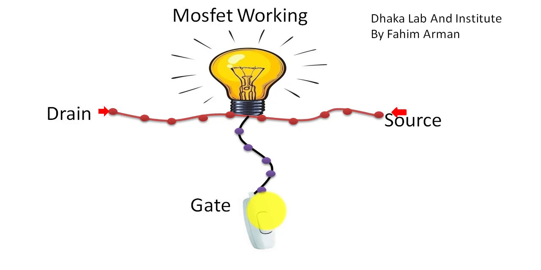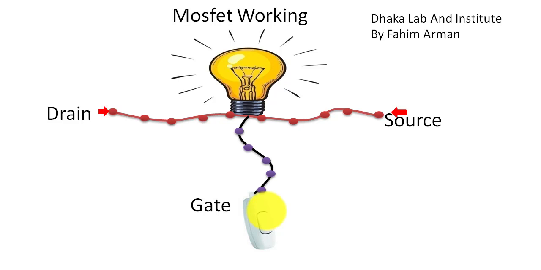And if you want to control the voltage, you can use MOSFET, and the gate is used for switching. Okay, so the gate is used actually for switching, that is, when, where and how you will switch that actual voltage circuit.